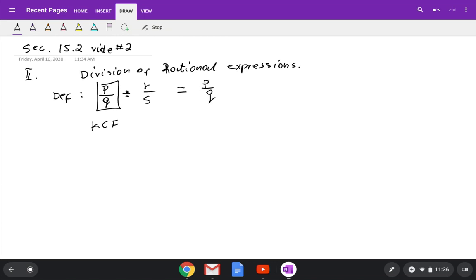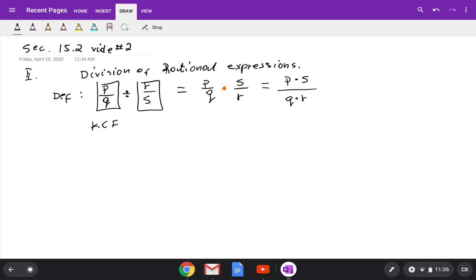C stands for change. You will change division to multiplication. Flip means flip the second rational expression, which will be S over R, or flip means multiply by reciprocal. And then you just follow the rules of multiplication, which means multiplying numerators together and multiplying denominators together.